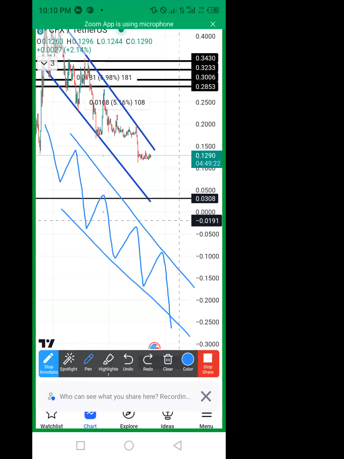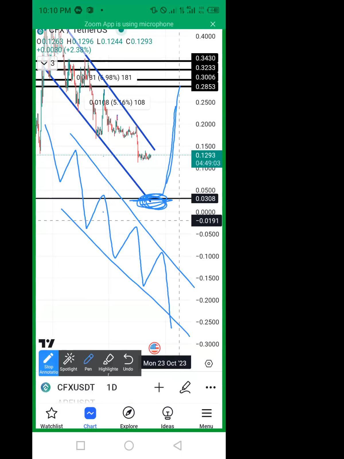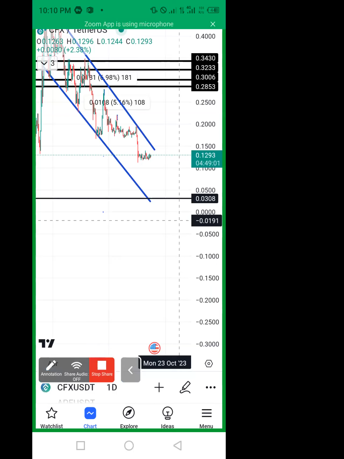I don't know where you entered it from, but it is still going down until it fills this gap up to here. That's when we shall know that it has retraced 100%, then it will decide to go up. But I'm not saying that you cannot make money out of this. You will make money out of it.